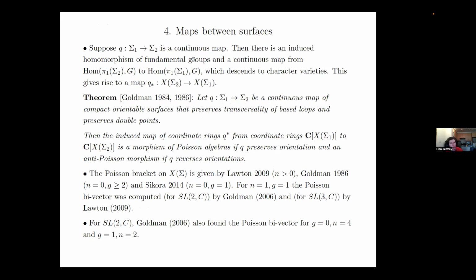If Q is a continuous map between two surfaces, you get a homomorphism of fundamental groups and a continuous map from maps of the fundamental group of sigma 2 into G to maps of the fundamental group of sigma 1 into G. And this map descends to character varieties. This gives rise to a map, which I'll denote Q lower star, from the character variety of sigma 2 to the character variety of sigma 1.